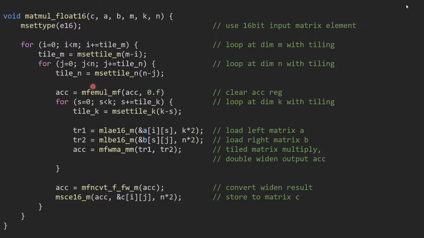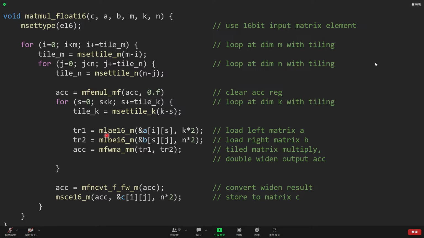Okay, here is a matrix assembly code example showing the process of the tiled matrix multiplication algorithm. The most important three instructions inside the inner loops are here.